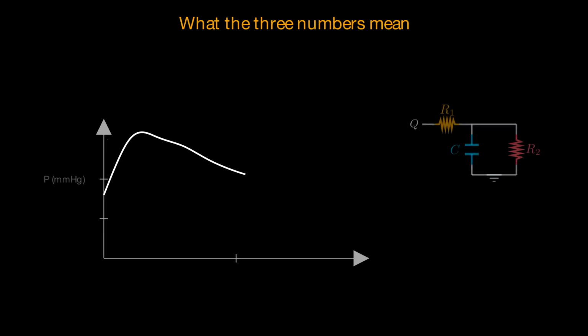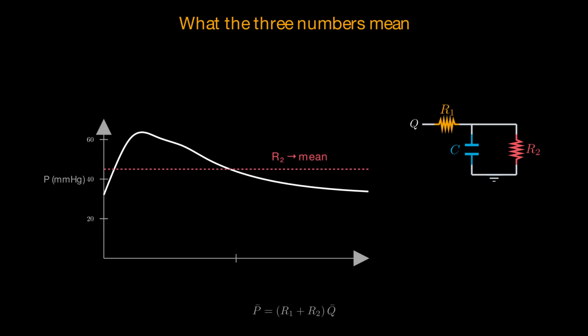Now, what those three numbers actually do, because each owns a different piece of the pressure. The distal resistance is the small vessels' resistance to steady flow. It sets the mean: the average pressure is just that total resistance times the average flow. The compliance is the elastic storage, the cushion. It sets the pulse. A stiffer artery, a smaller cushion, and the pressure swings wider and drains faster between beats.